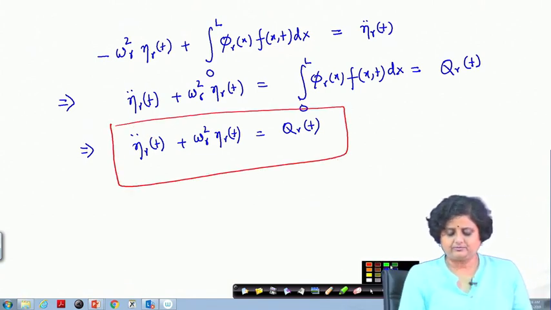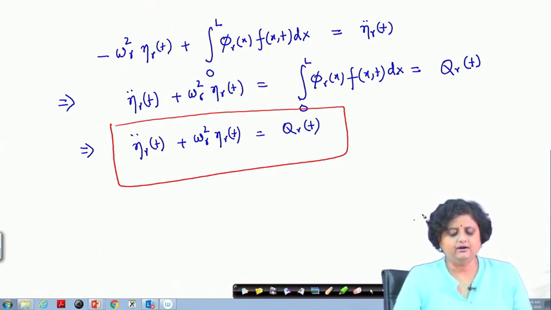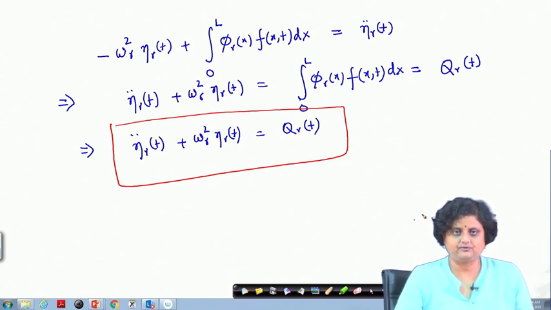This expression that we finally get is very similar to what we have seen for a multi-degree of freedom system after modal analysis. And we know very well how to solve this equation for different values of Q r t, or for different initial conditions when Q r t equals 0 and the vibration is happening in a free vibration condition.